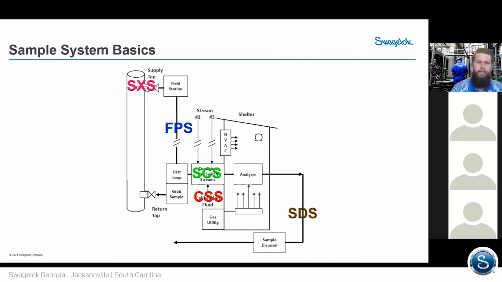And then finally, the sample disposal system. I said it before. We really want to understand pressure drops, make sure that we're not putting any back pressure on the analyzer, so we have continuous flow out of the analyzer, and where do we take that sample. So these are basic conditions for either online or grab sampling. It's just easier to kind of show it in this particular setup.